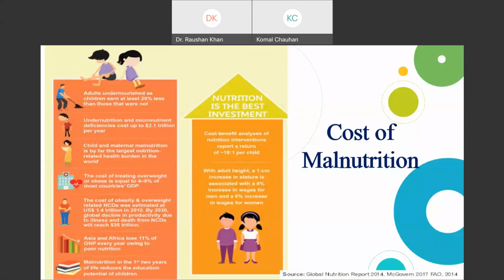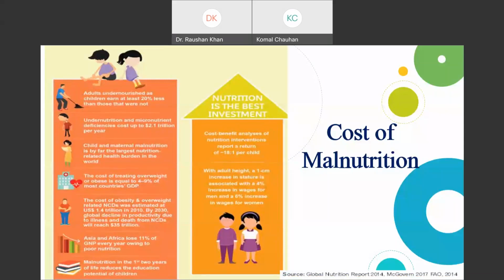Nutrition is one of the best investments which a person can make in a child. The cost-benefit analysis of nutrition interventions report shows a return of 18 to 1 per child. That is the return, the cost-benefit analysis of a nutrition intervention.